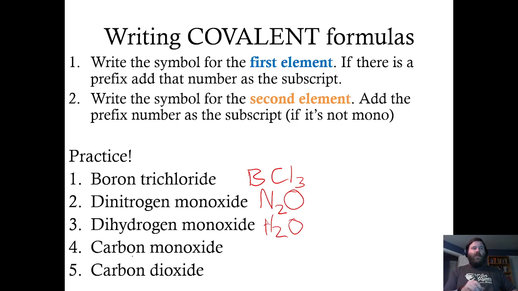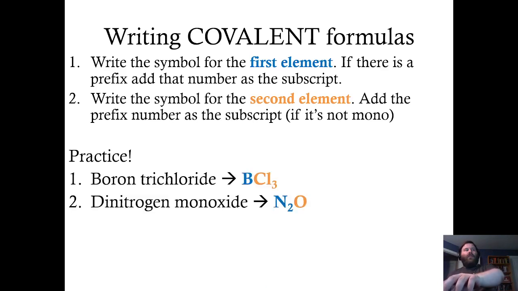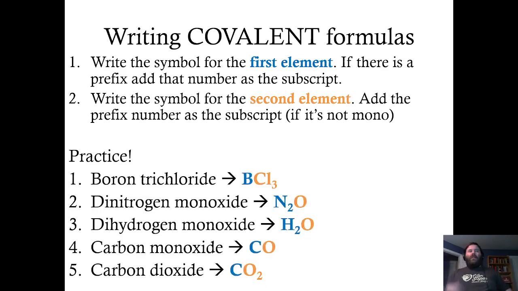Carbon, no prefix, so just 1 carbon. Monoxide, just one O and no subscript because they're both 1. And then carbon dioxide is C, and then 2 oxygens. Okay, so if you're able to do the previous couple slides, these ones should be pretty easy for you, I would think. All right, and there's your answers.